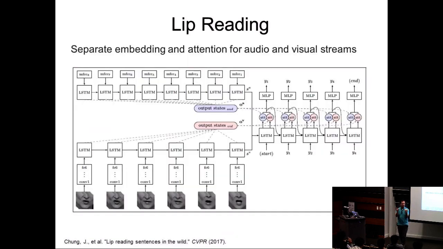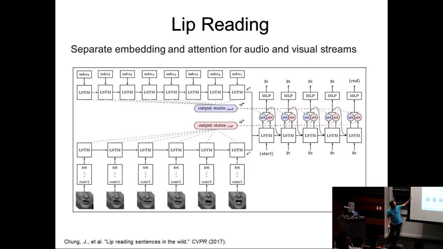So you're trying to build the model, and this is what the model looks like. You have the sequences of videos, and you're processing them using convolutional networks.